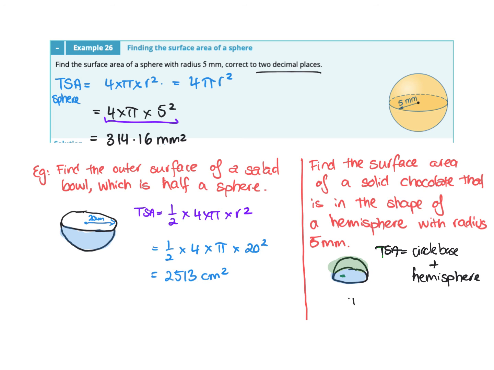Written out, a circle base is pi r squared, and the hemisphere is half times our sphere formula. What's our sphere formula? 4 times pi times r squared. Then you can just type all the numbers in for this example. So it'd be pi times 5 squared, because that's what I said the radius was, plus a half times 4 times pi times 5 squared.